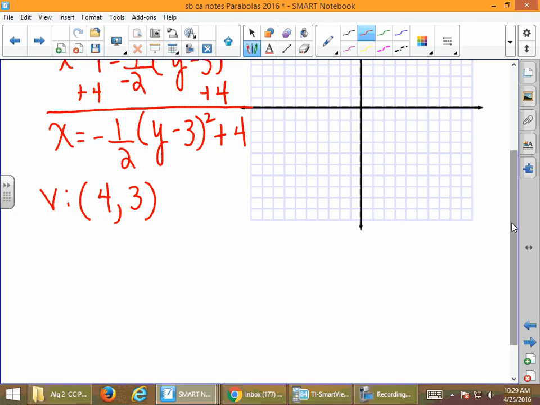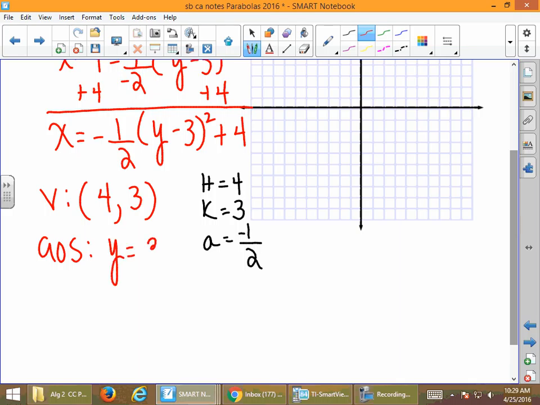Before we get going too far along, let's identify what h is, and k, and a. Our axis of symmetry, as I look at the chart, is y equals 3.